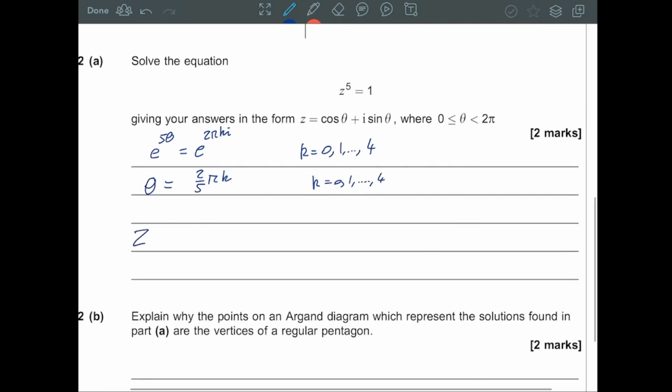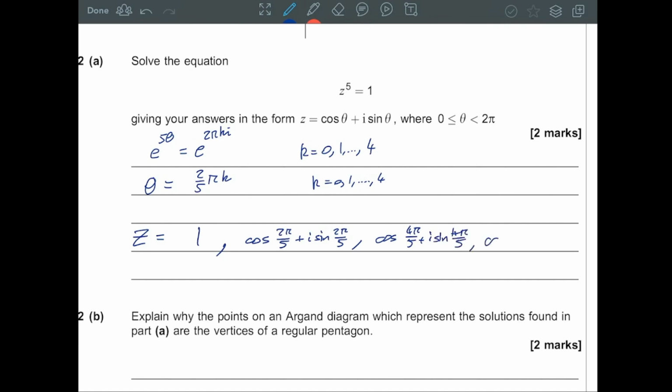So my solutions are going to be, well, when k is 0, that's a boring one. When k is 1, it's cos of 2 pi by 5 plus i sine 2 pi by 5. Cos of 4 pi by 5 plus i sine 4 pi by 5.